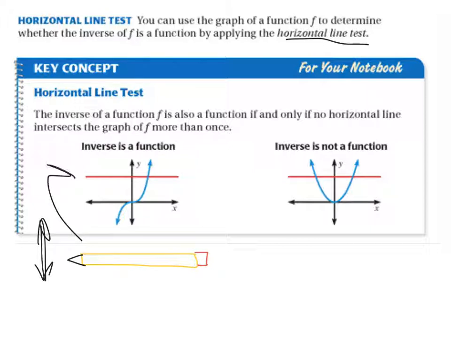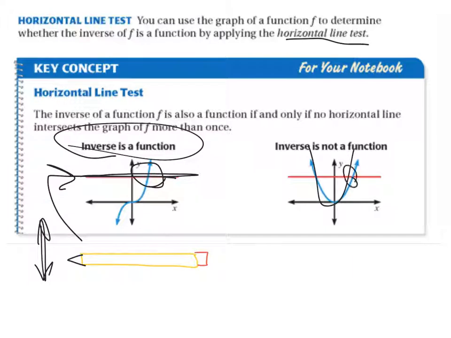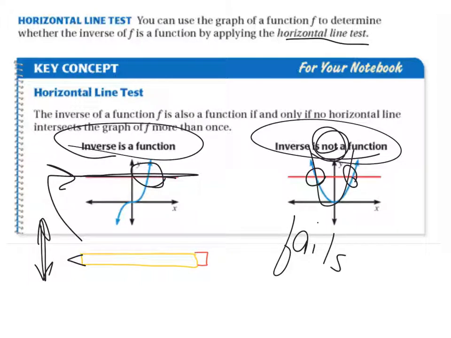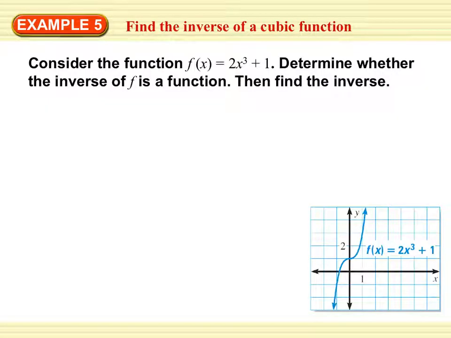So if I look at this one, my horizontal line test only intersects the function once, therefore the inverse is a function. Here, it intersects the line twice, therefore the inverse is not a function. Okay, this fails the horizontal line test. This one passes.